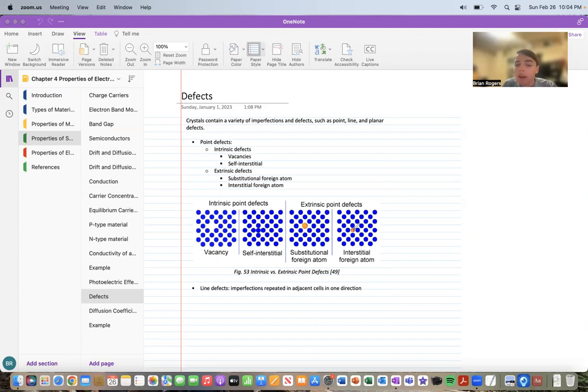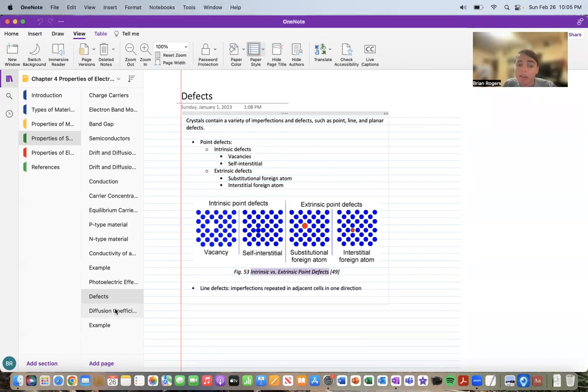Those that are either substituting or going in between, and do not match the ones around them, are extrinsic for the defect they will cause. Where the intrinsic is the same atom, or it's just a vacancy left behind. So those are the two different types of defects you'll have within your crystals. They can be point, line, or area defects. So there are different types of defects that we can have within our crystals.